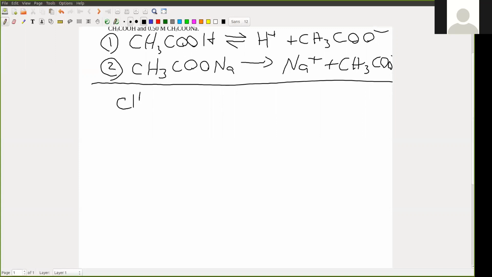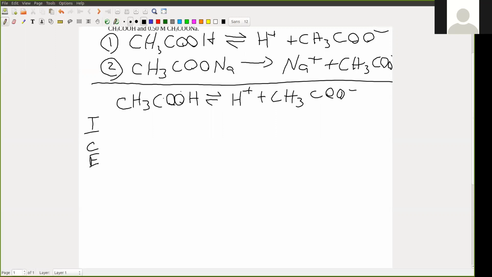So we'll just rewrite that here. And we have initial, change, and equilibrium. At our initial state, we have 0.40 molar of acetic acid, and we'll put the unit up here so we don't have to include it for each term.